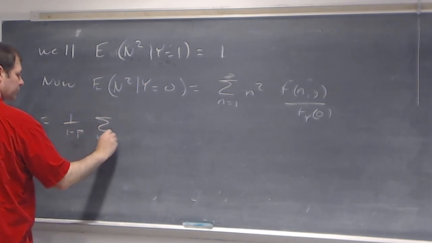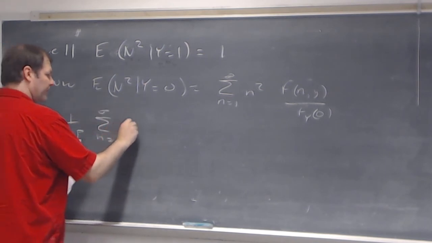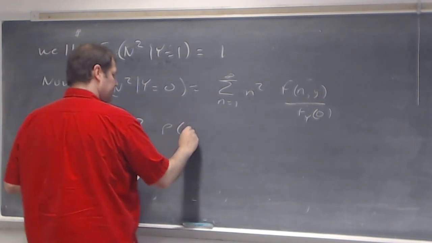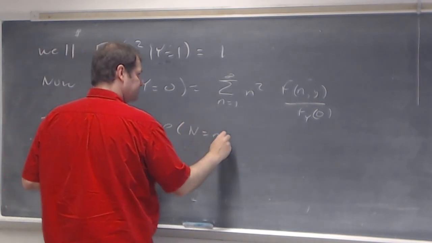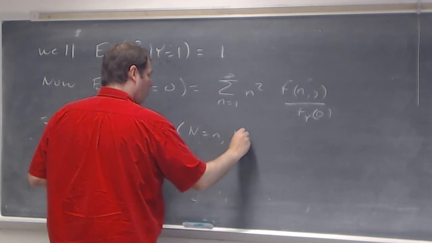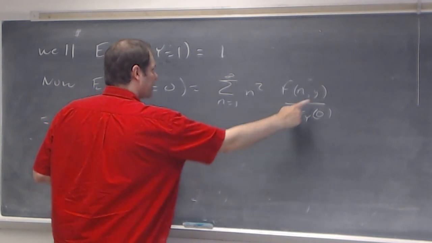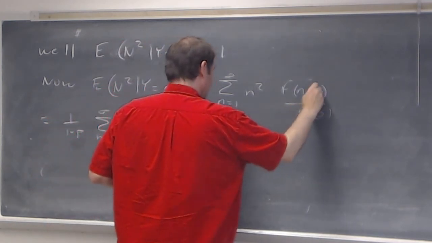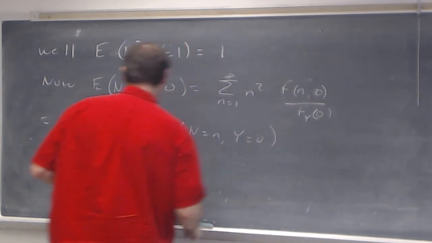This is the sum as n runs from 1 to infinity of n squared times the probability that N is equal to n and Y is equal to 0.